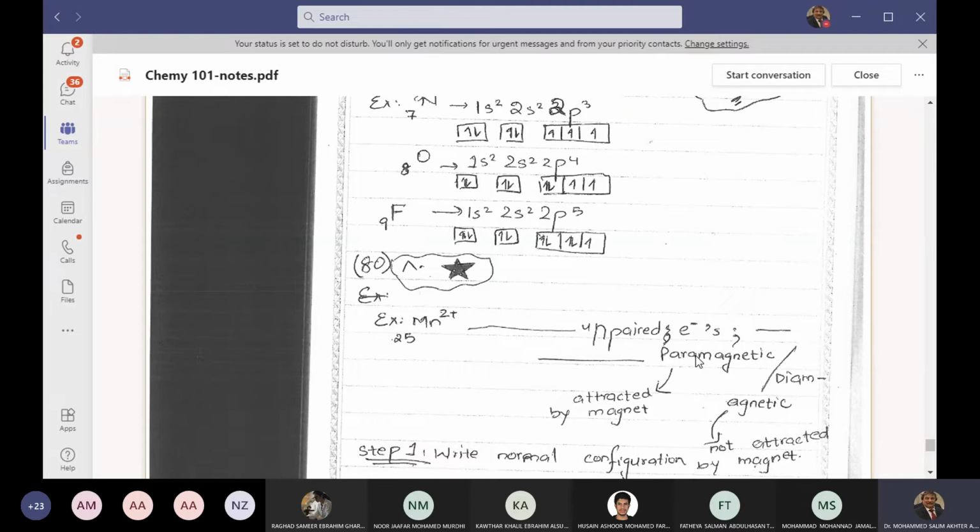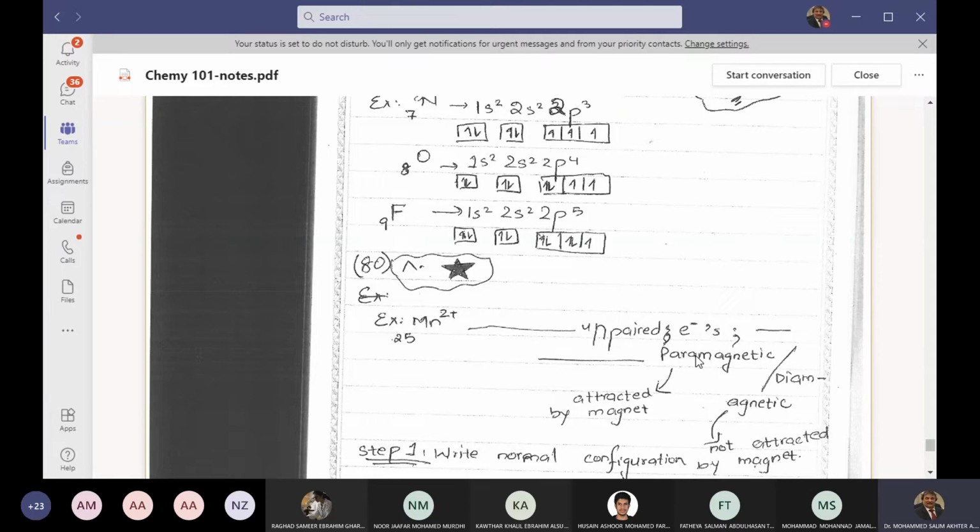Even if it is 1 unpaired, it will be paramagnetic. Paramagnetic means an electron alone is always attracted by a magnet, because a lone electron itself is a magnet.